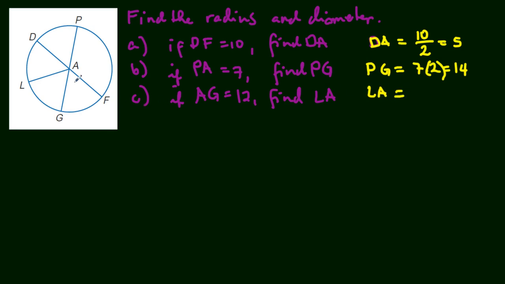As you can see here, AG is a radius, LA should also be a radius. So we have 12. I will put units here. The units of length is not specified.